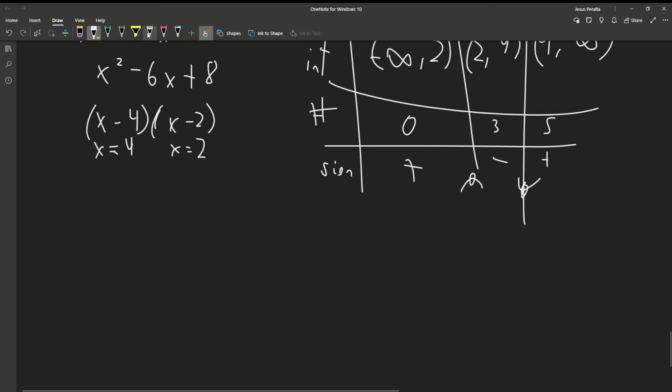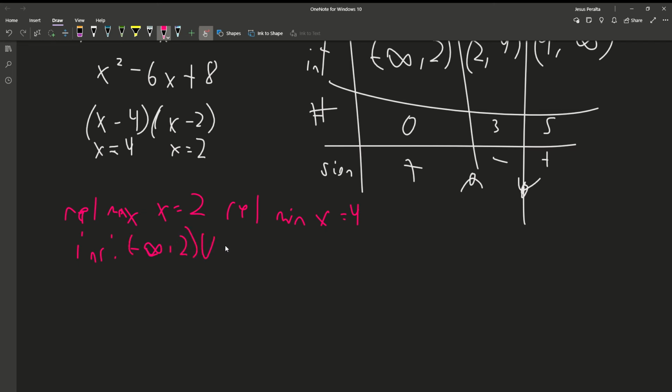Okay, so as I was saying, we have our relative max at x is equal to 2, our relative min at x is equal to 4, and then we have our increasing from negative infinity to 2 union 4 to infinity, if I'm not mistaken.